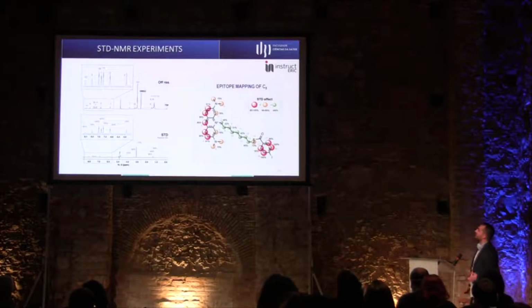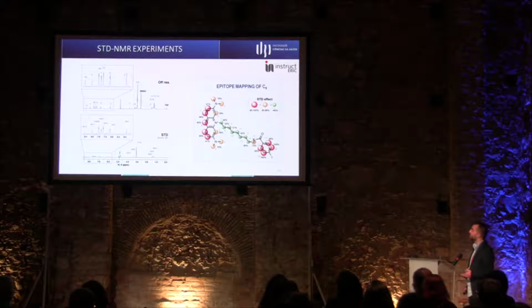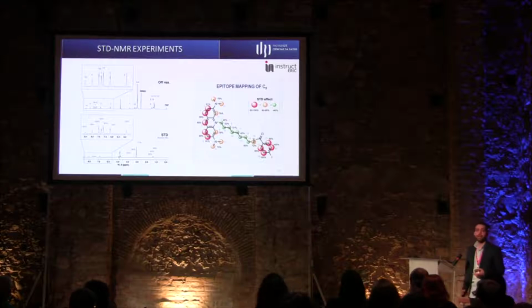Next, we performed STD NMR experiments. The method consists of the transference of the magnetization from the macromolecule, in this case the G-plex, to the ligand, in this case C8, which permits us to unveil which atoms of the ligand are in close contact with the G-plex.